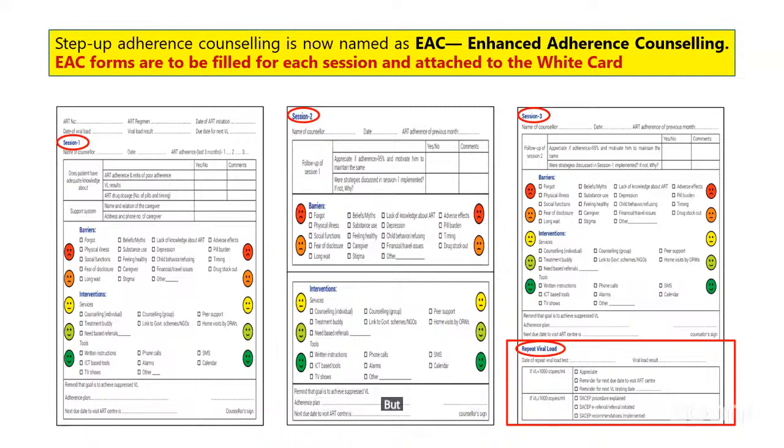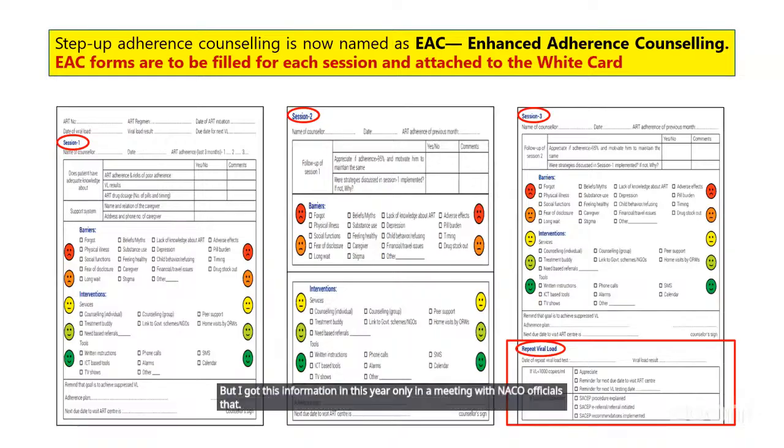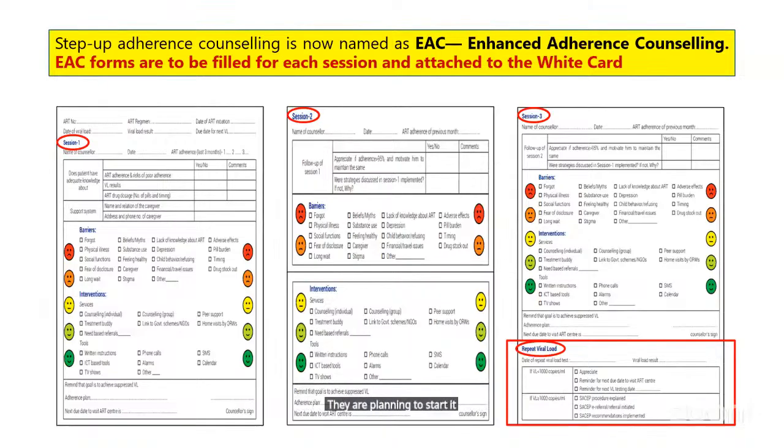But I got this information only this year, in a meeting with NACO officials, that they are planning to start it in 2 centers in the country. I'm not sure whether someone from NACO is there in the meeting. No, sir. Or we can get this information from them later on.